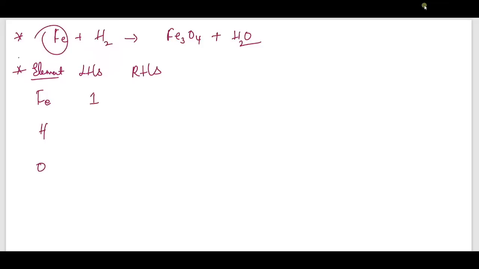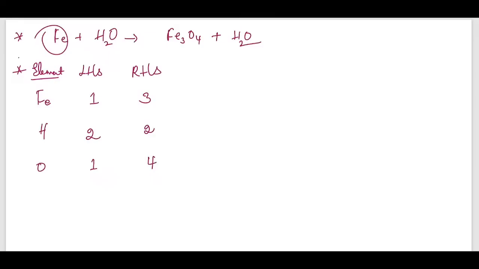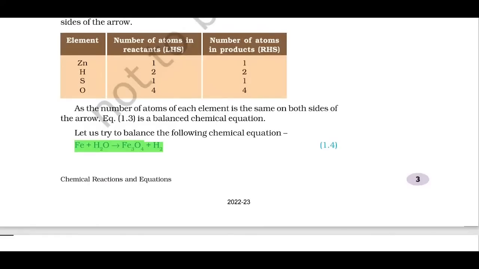We have one atom of iron, then on the RHS we have 3. Then hydrogen we have 2 on the LHS and 2 on the RHS, and oxygen we have 1 on the LHS. Fe plus H2O gives Fe3O4 plus H2.